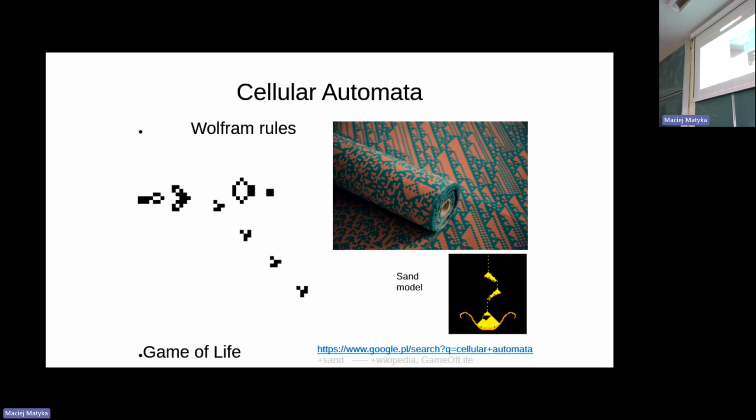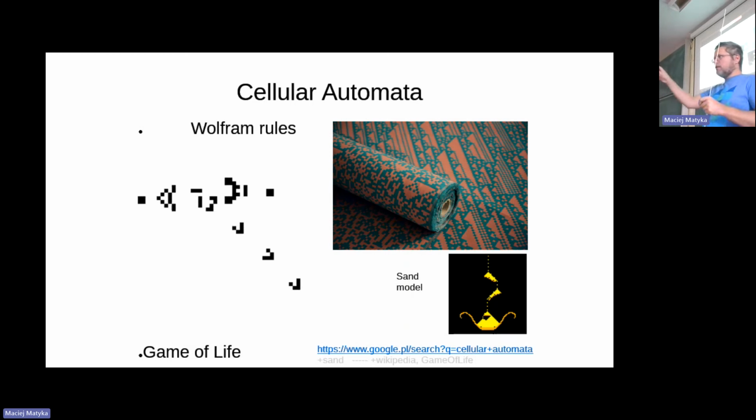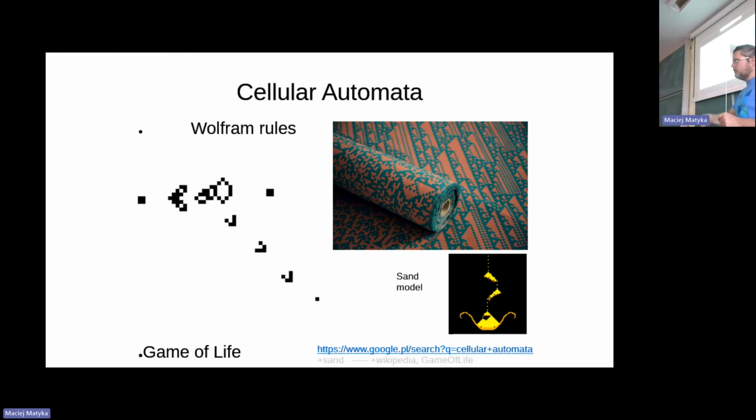And the algorithm for this is very simple. You have 0, 1 cells, and you count the neighbors. If the neighbors are 2 or 3, then this cell will survive. If the neighbors are more, then because of overpopulation, it dies. If the cell is alone, it can die as well. But because of those simple rules, there is a continuous system which is producing gliders like this, for instance.